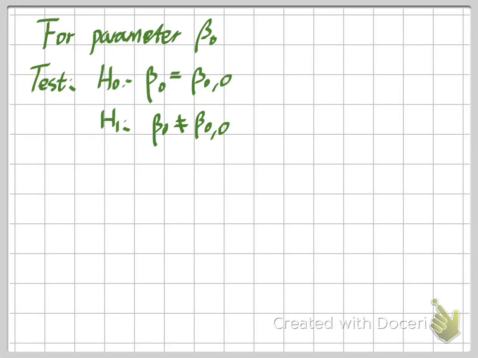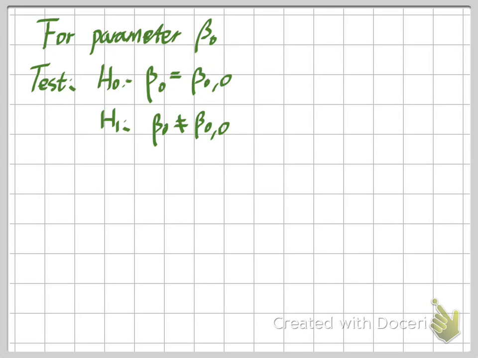For this one, of course, the idea is still similar. We construct a test statistic, check the critical value, compare it, find the critical region, and compare t0 or z0 with our critical value.